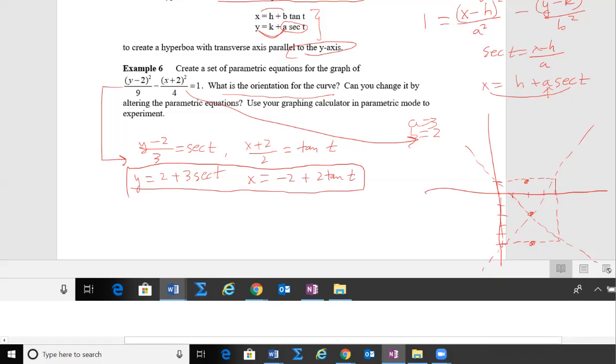I've got that backwards. X is -2 and Y is 2, so it's actually over here, isn't it? Let's fix that.